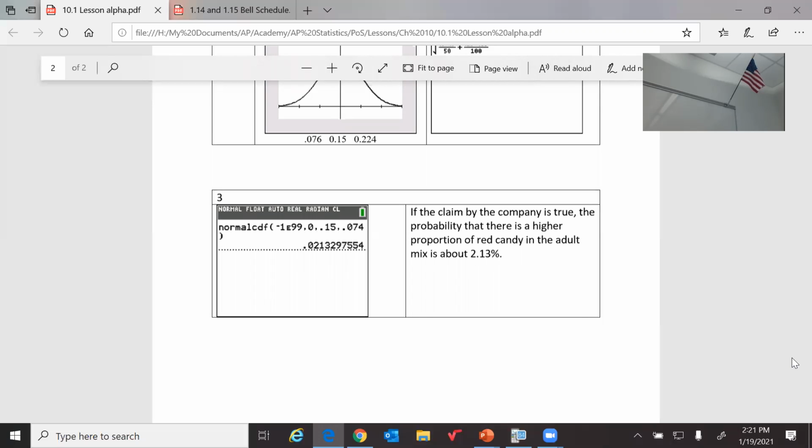So we said, all right, let's go normal CDF. Everything from the left to 0. That's all the negatives. And the negatives are the adult candy has more reds till you get to 0, where the center is 15%, and that's the step. And it's a little more than 2%.